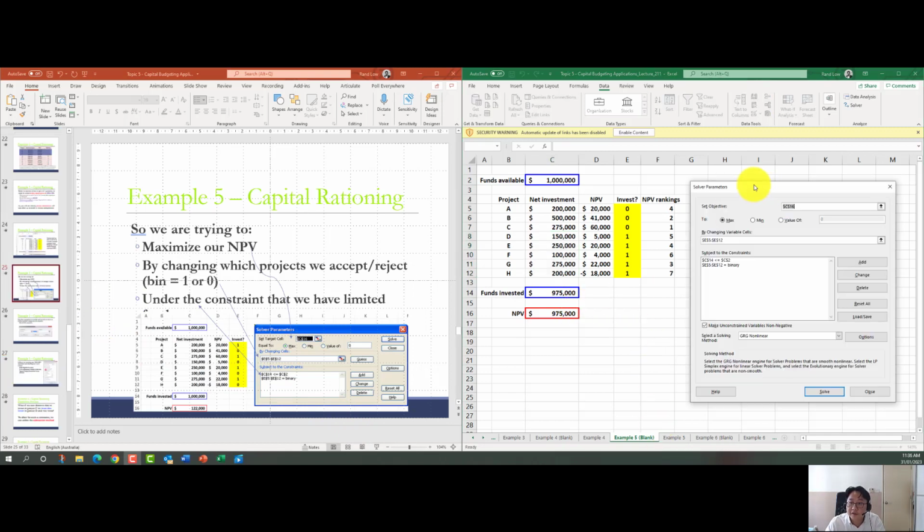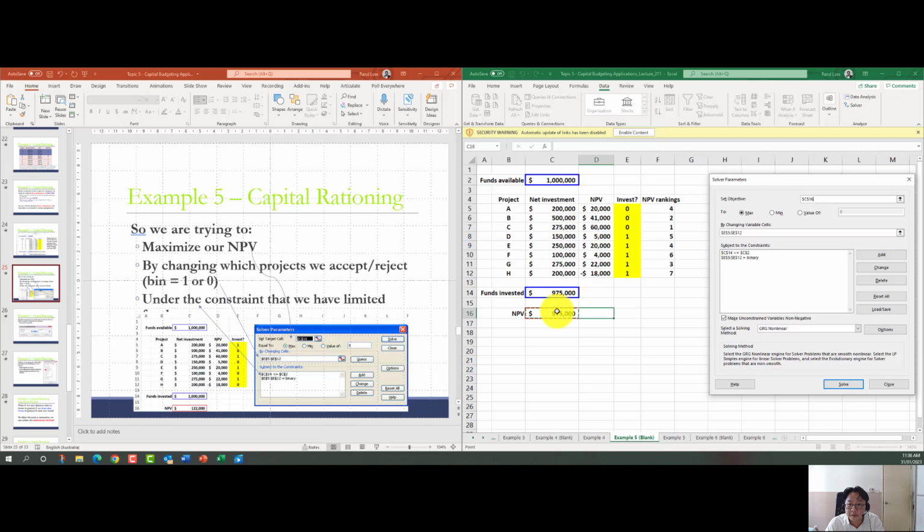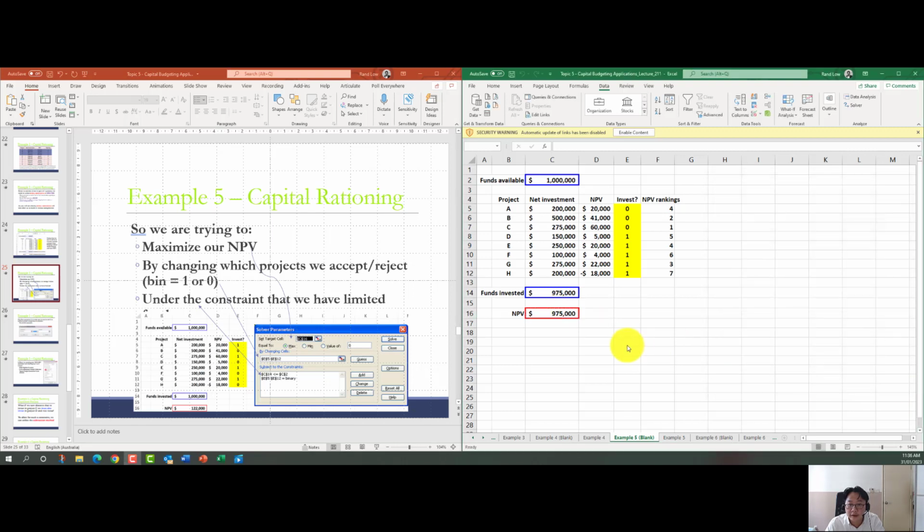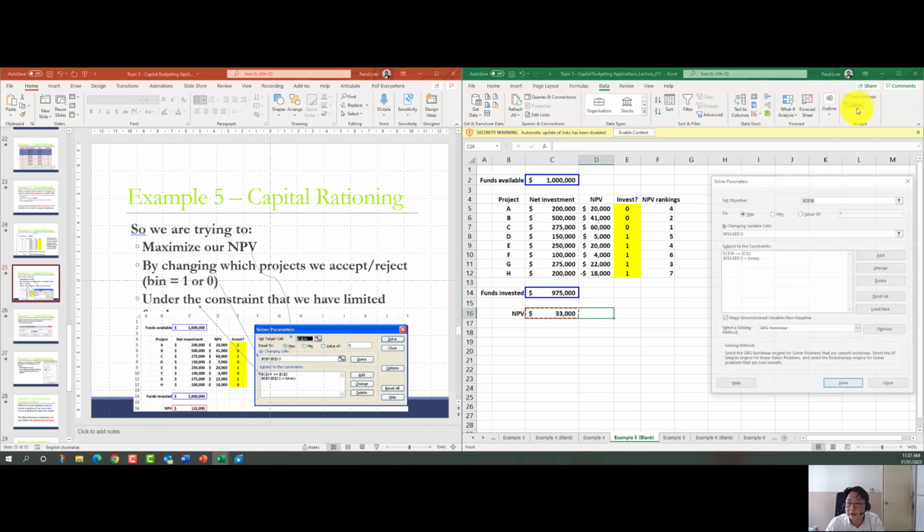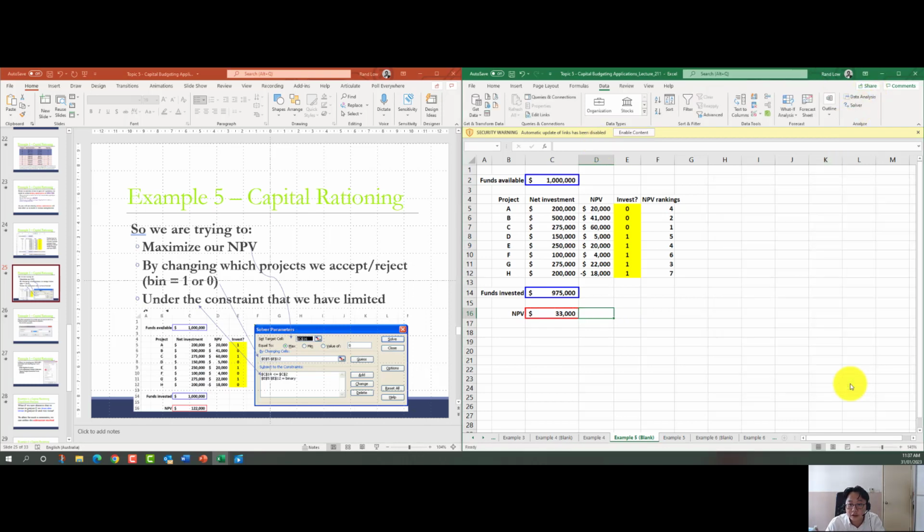Okay, so when I clicked solver, I realized that I had the wrong values in here. So this one is correct. That, my friends, was wrong. That was supposed to be D to D. So let's do solver again and click solve.